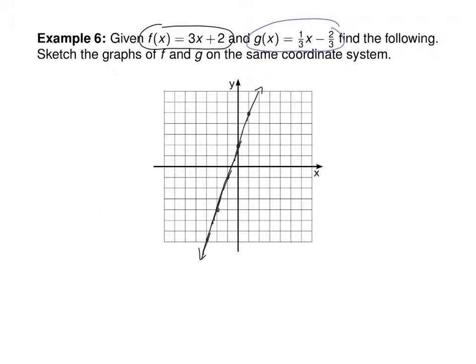Okay, I know it's imperfect, but where does the other one start on the y-axis? So approximately right there. And then from there you go up 1, and over 3. So up 1, 1, 2, 3, up 1, 1, 2, 3, down 1, 1, 2, 3.